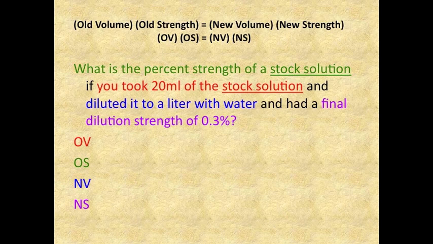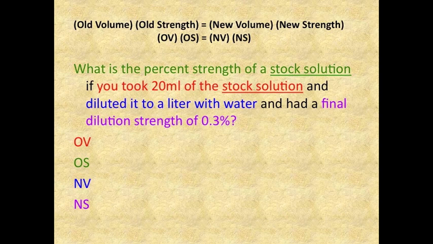That is what you're starting with. So here I color-coded red for old volume, which would be your 20 mLs, and then the old strength is in green. That would be the question. That's your X, that's your unknown. You don't know what the percent strength of that initial stock solution is.